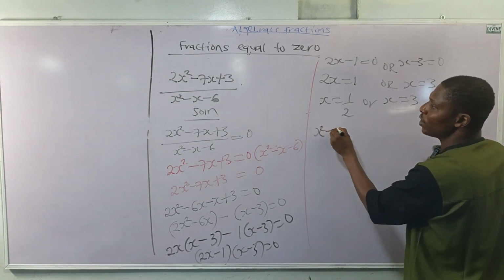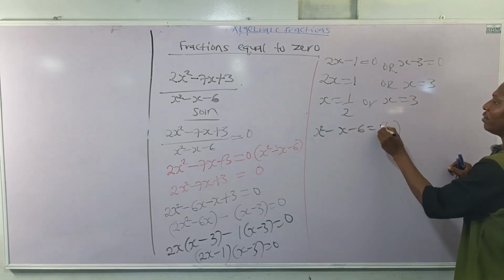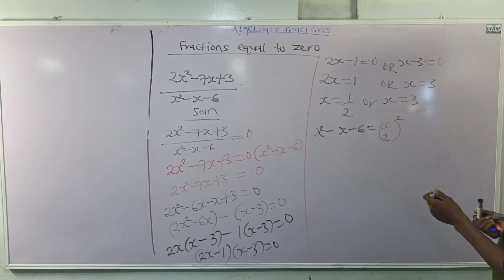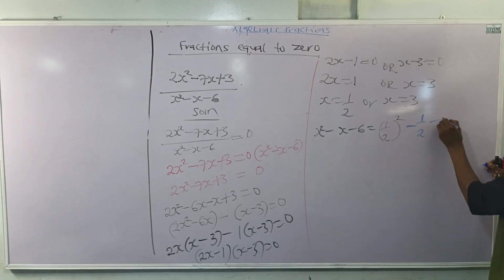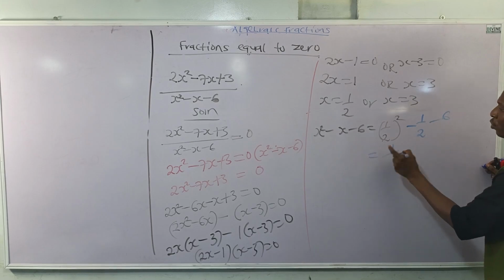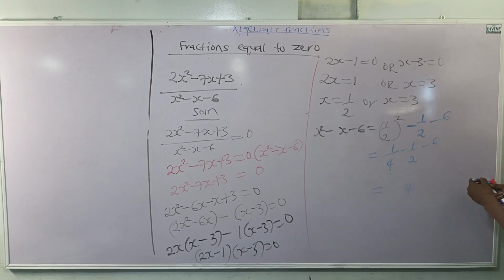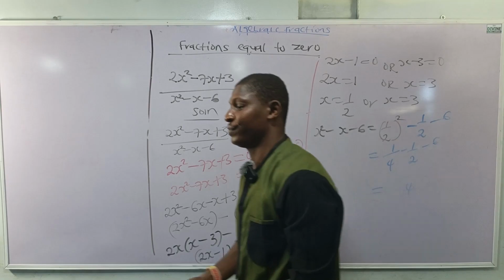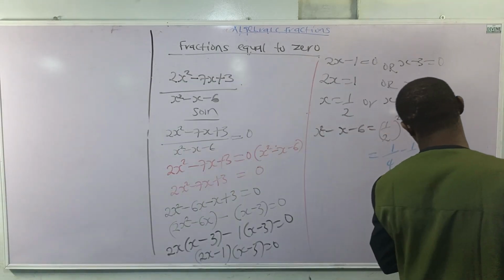If I have x squared minus x minus 6, this will give me 1 over 2 in brackets squared minus 1 over 2 minus 6. This will give me 1 over 4 minus 1 over 2 minus 6. LCM of 4 and 2 will give me 4.